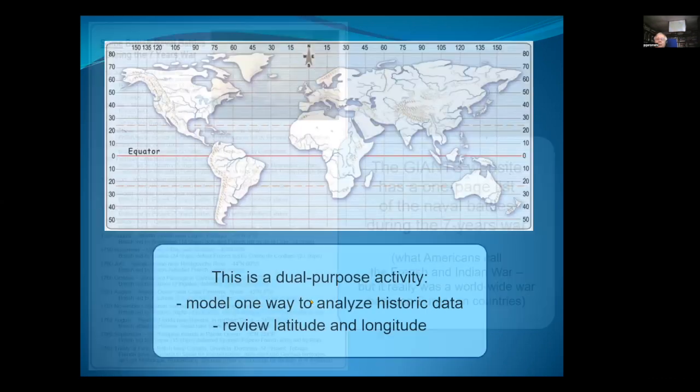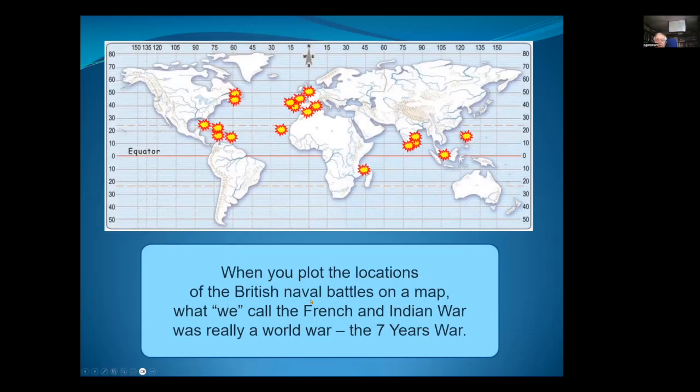So all they would really have to do is just put a dot where they happen to have occurred. And you notice that, oh, look at that. The French and Indian War was happening over here, and Britain was fighting all these battles in all of these other places around the world at exactly the same 5 years.